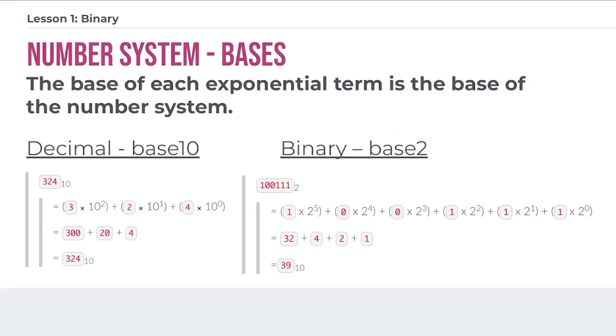The base of each exponential term is the base of that number system, right? So the base of the growth, as we increased state space, and we said it was increasing exponentially by increasing powers of 10. So 10 to the first, 10 to the second, 10 to the third, right?